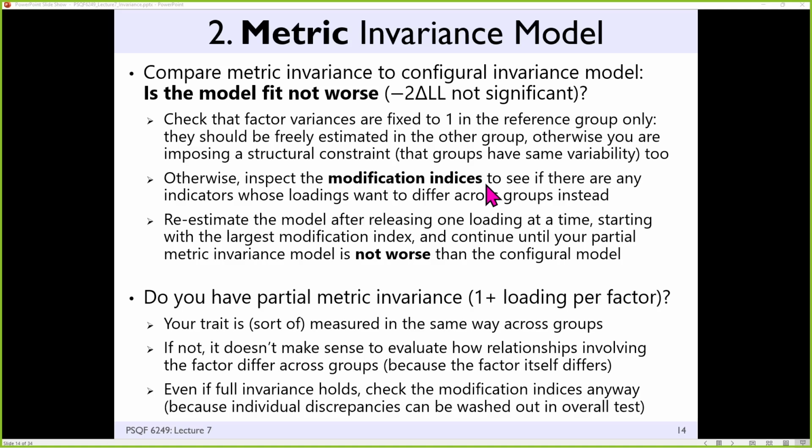There are packages that will do the permutations, for instance, in some of the IRT software. So the process of figuring out what needs to be let go and what needs to be constrained is subject to a lot of error. But that's the way it works.